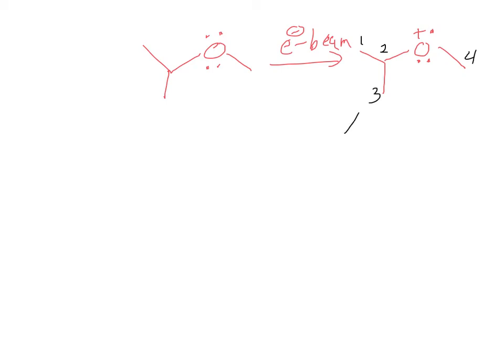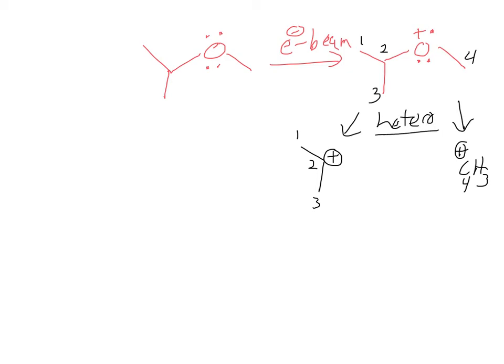I'll just draw those without the arrows, but you should be able to see these. That could be one way, and then it'd be CH3 with a plus, and that'd be carbon 4, 1, 2, 3. These are the heterolytic cleavages. They're certainly possible. But the alpha cleavages are possible as well.